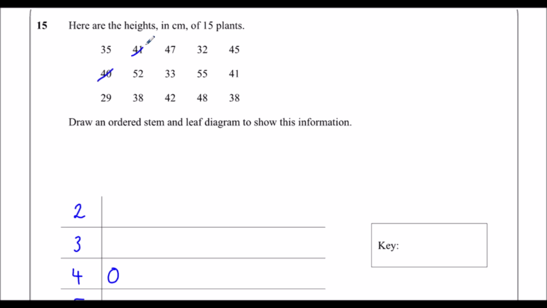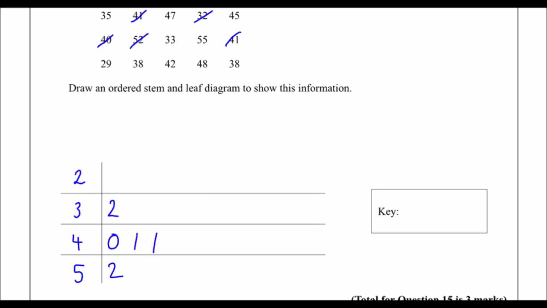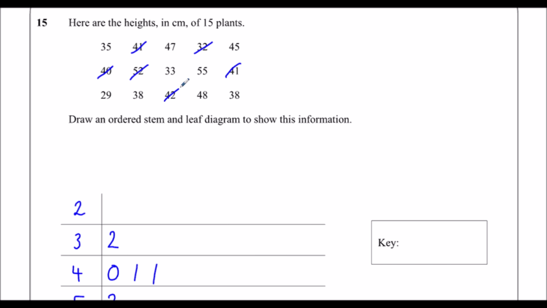So we go with the ones. We've got 41. Another 41. There are no more ones. Then we'll go with the twos. So we've got 32. 52. And 42. There are no more twos.